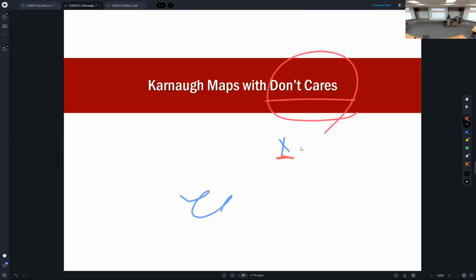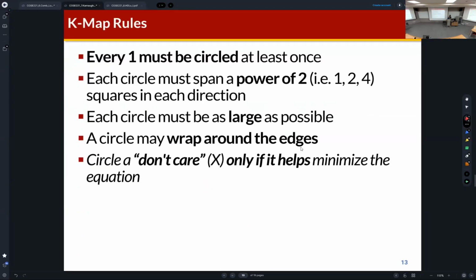Which means that we can define truth tables using don't cares. Okay, in the previous class, we represented some inputs using don't cares, right? Then how can we apply Karnaugh maps using don't cares? These are the rules we learned.